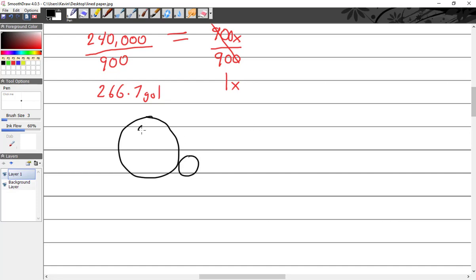So this is my spur gear, and this is my pinion gear. And how many teeth should my spur gear have? 600. This is a gigantic gear. It has 600 teeth, and the pinion then has 20 teeth.